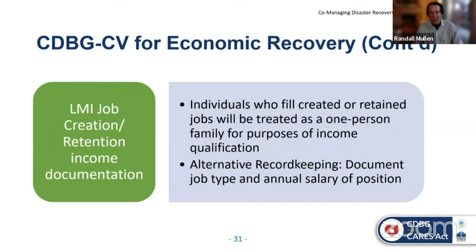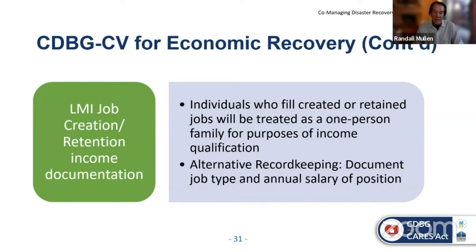As you also may know, normal job creation and retention record-keeping requirements consider family income when determining whether a beneficiary is a person of low or moderate income. But these requirements are likely to be burdensome during a time when unemployment has surged and family income is more difficult to document.